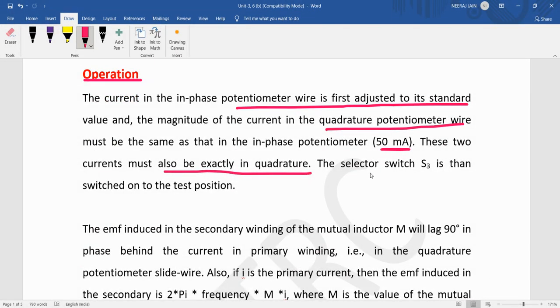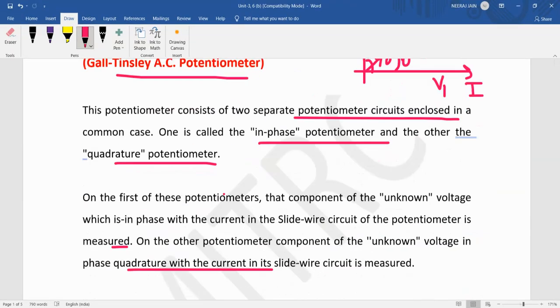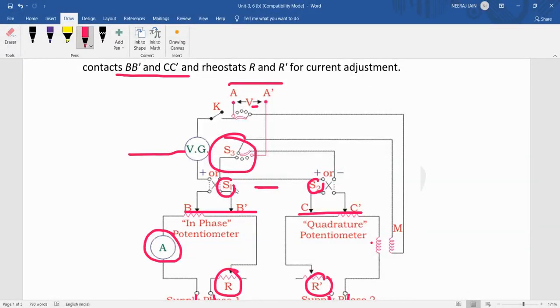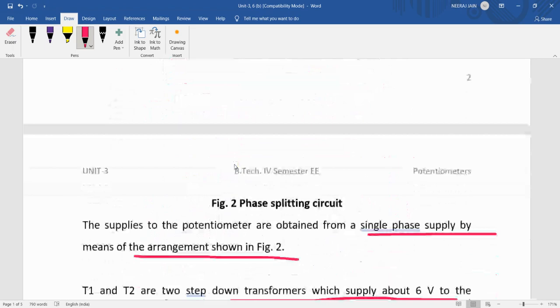The selector switch S3 is then switched on to the test position. Now we bring the selector switch S3 to the test position.